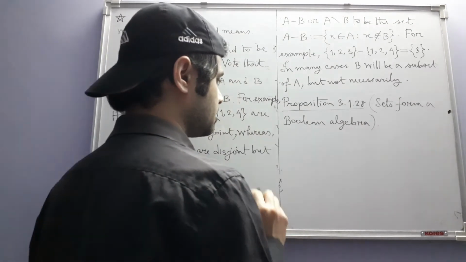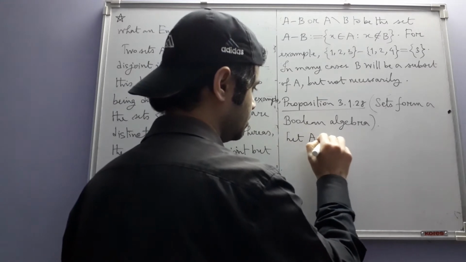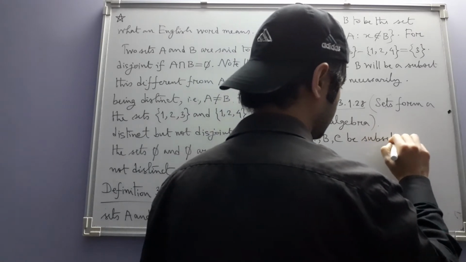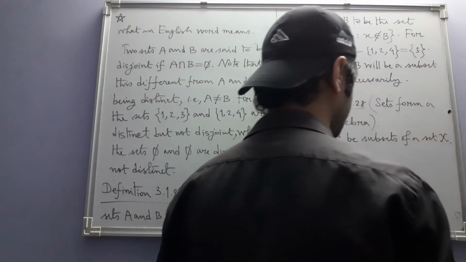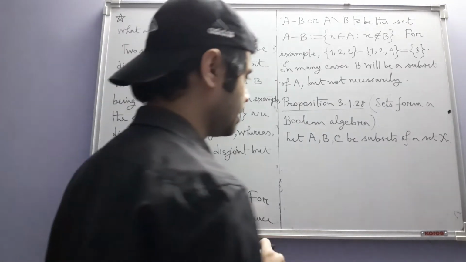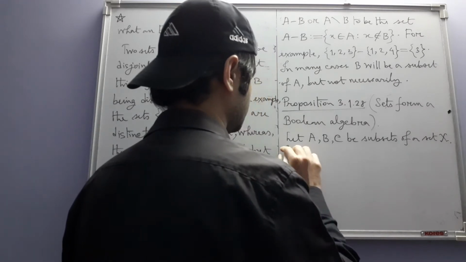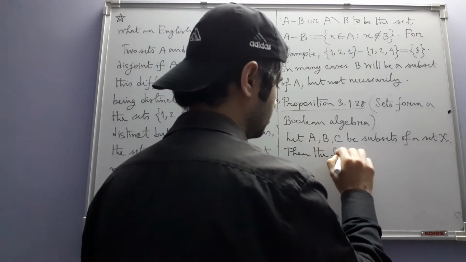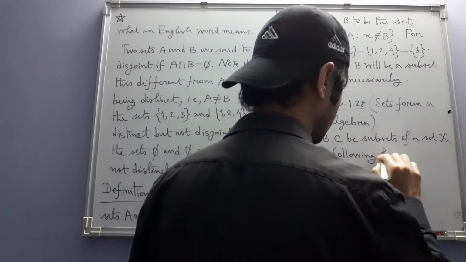The statement goes like this: let A, B and C be subsets of a set X. X is some set in which we have found 3 subsets, say A, B, C, any subsets of any set X. Then the following hold.